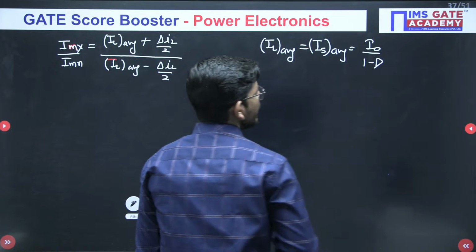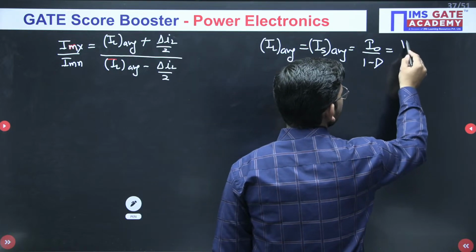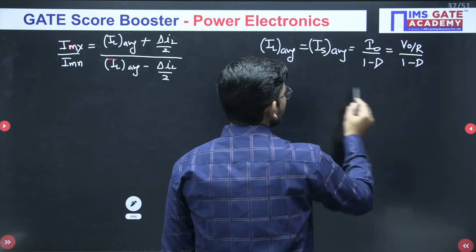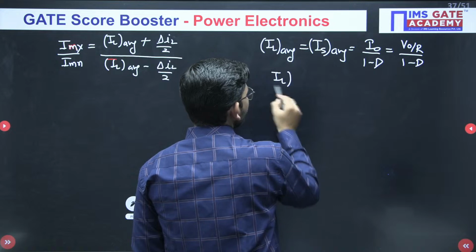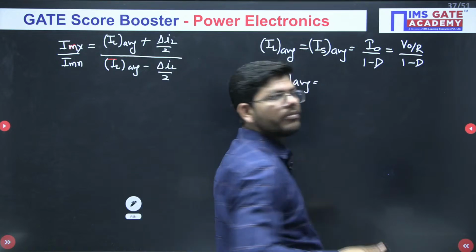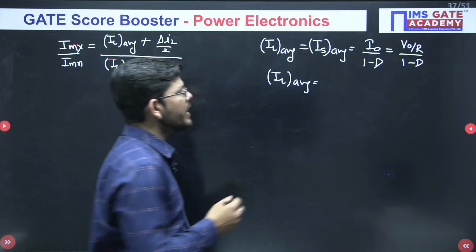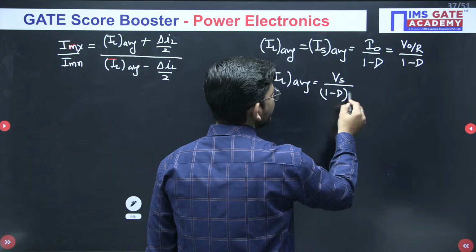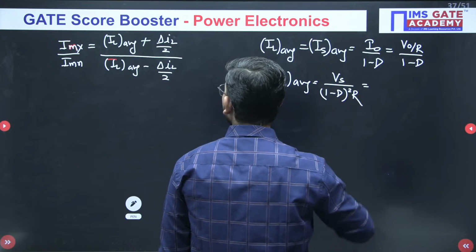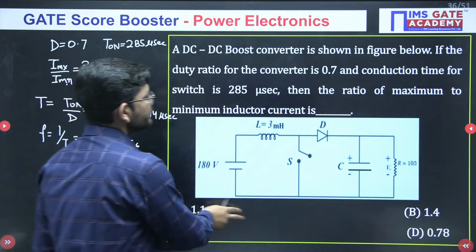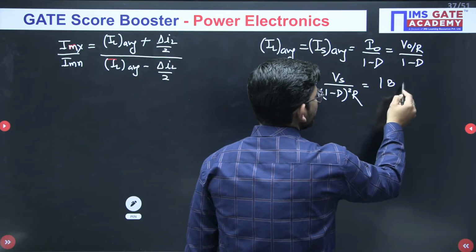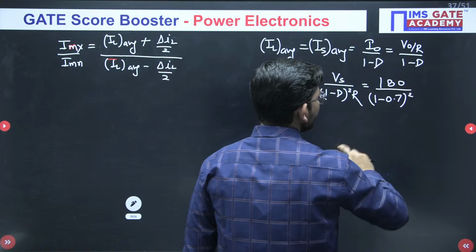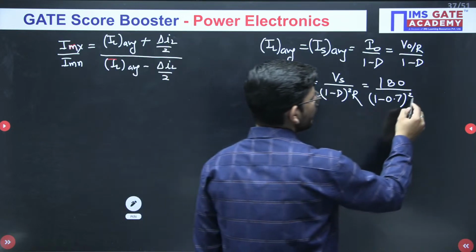upon 1 minus D. And what is I naught? I naught is basically V naught upon R 1 minus D. And what is V naught? So ultimately what we can write for it, V naught is Vs over 1 minus D. So in this way your formula will become Vs over 1 minus D square into R. Now if you will put the values, what is the value of Vs? 180. 180 upon 1 minus D is 0.7 square into the value of R is 10 ohm.